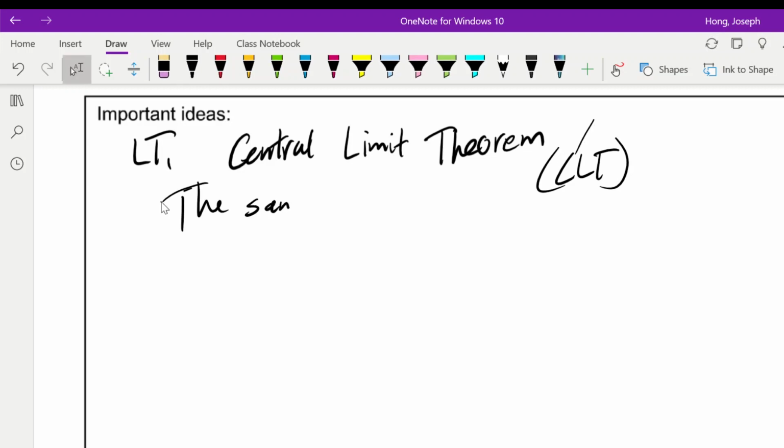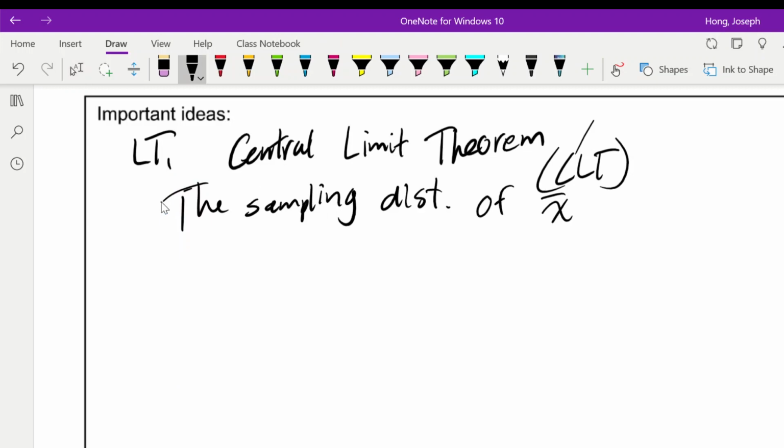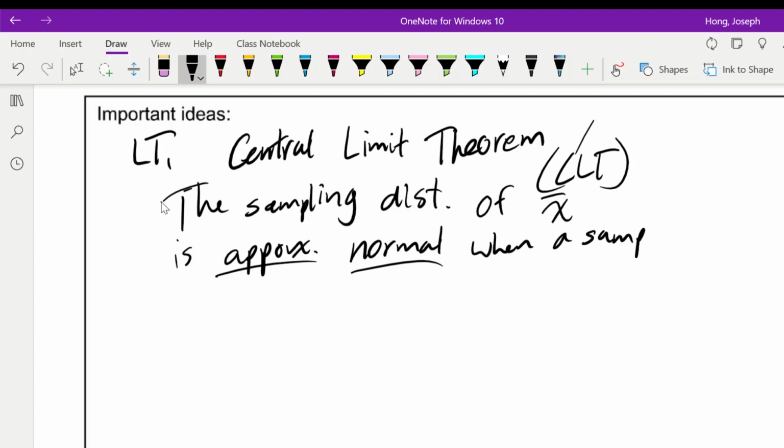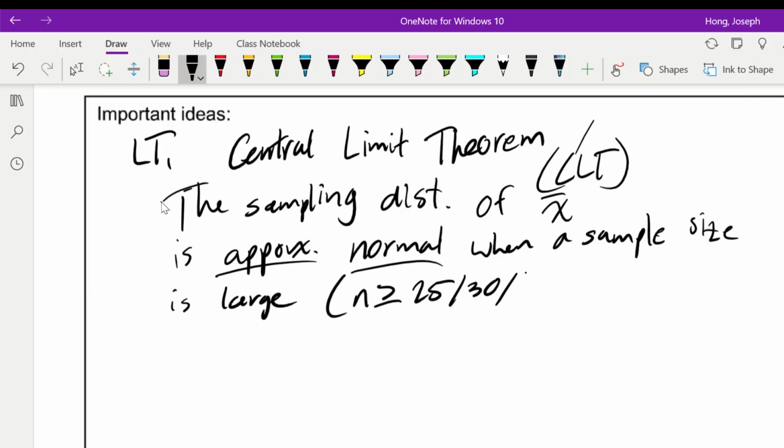The sampling distribution of x bar is approximately normal when a sample size is large, such as n is greater than or equal to 25/30/40-ish. I'll just put 25.